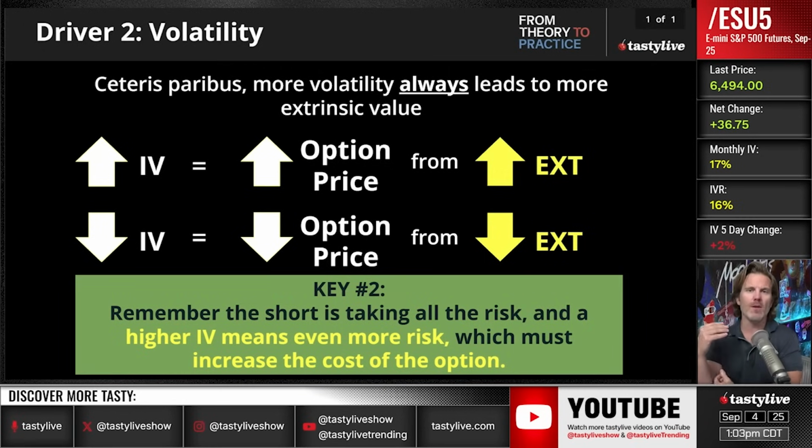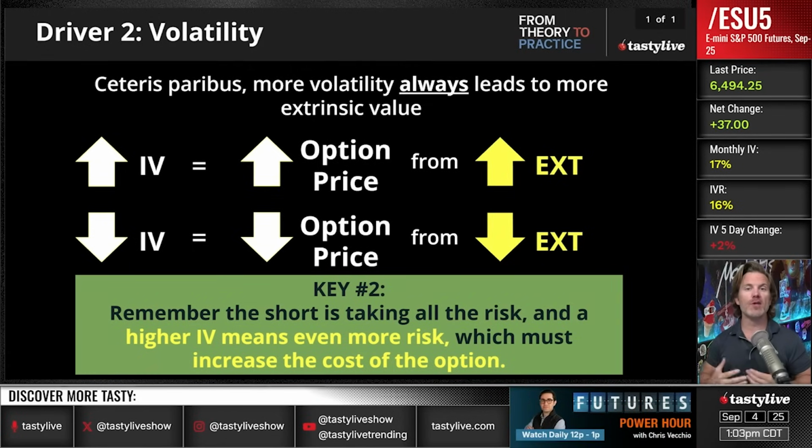You're typically going to be looking at this through the lens of an implied volatility rank, or maybe even an implied volatility percentile. Essentially, you're looking for opportunities where implied volatility has risen, which will then cause the extrinsic value to rise, which gives you a greater opportunity on order entry.